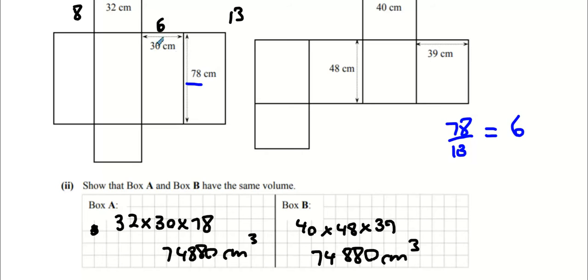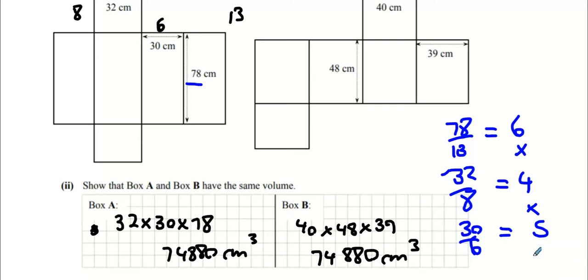When you divide 32 by 8, you get 4. And finally, 30 divided by 6 is 5. And basically 6 by 4 by 5 is 120 small boxes that will fit in the big box. It means they fit in equally, okay?